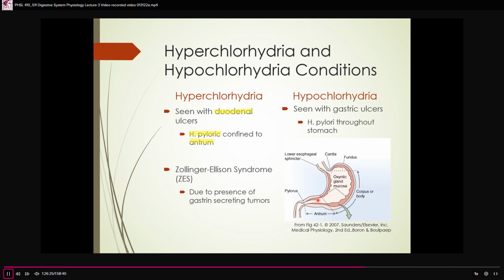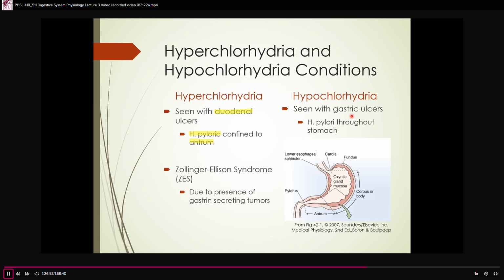So you have hypergastrinemia, too much gastrin in the blood. And because you have these cells up in the oxyntic gland still intact, your parietal cells are intact and functional, and they respond to that increased gastrin in the bloodstream with increased acid production. Then you end up delivering too much acid to the duodenum, you overwhelm its capacity to neutralize all that acid, and then you get the ulcerative damage occurring down here in the duodenum.